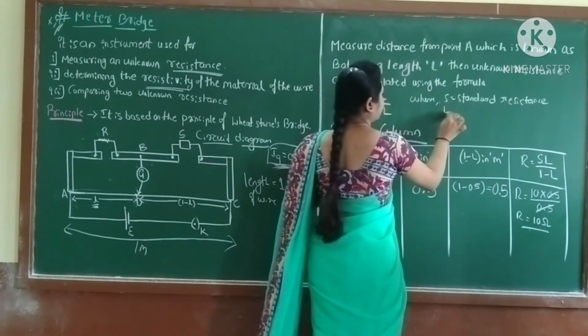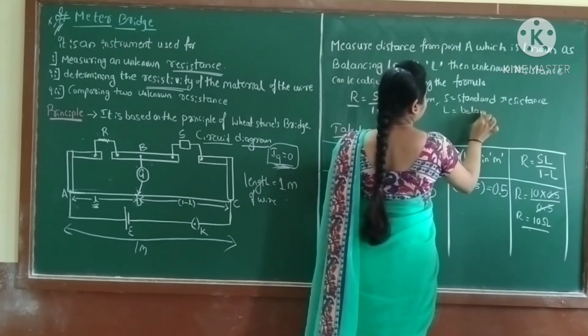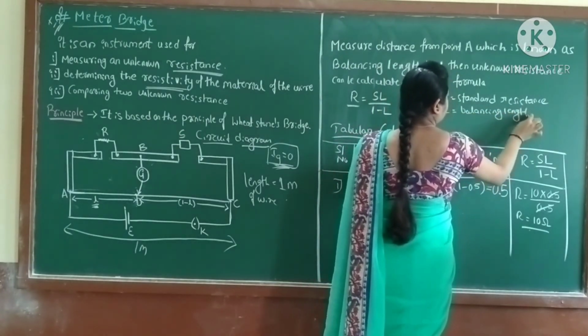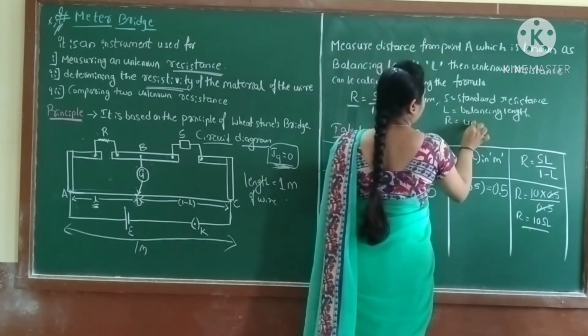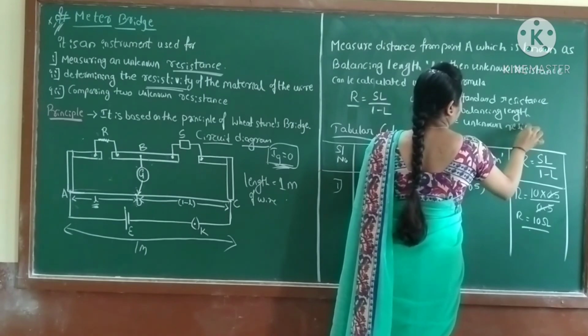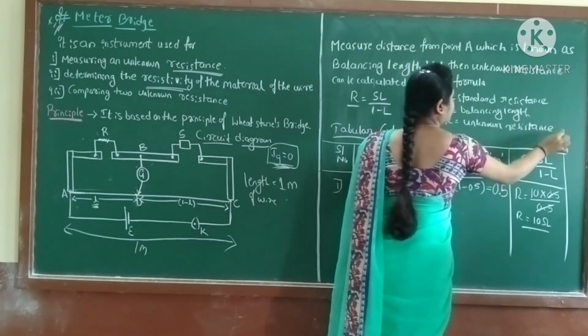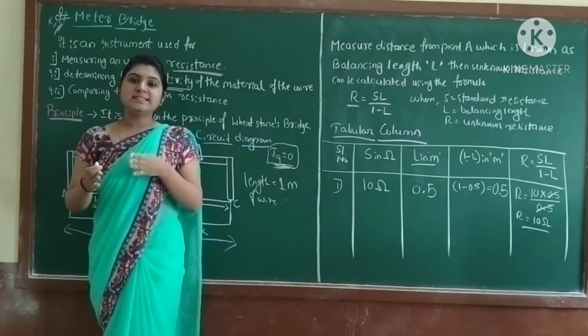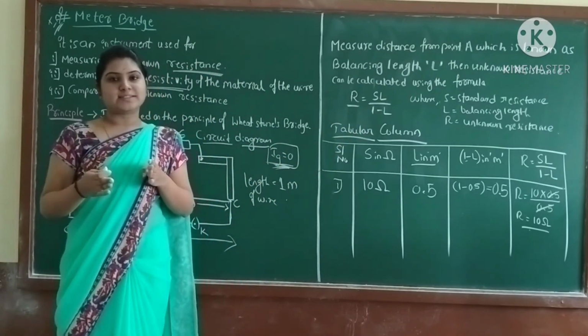Then L is the balancing length. Then R will be the unknown resistance. Understood? By using this formula, we can easily calculate the unknown resistance.